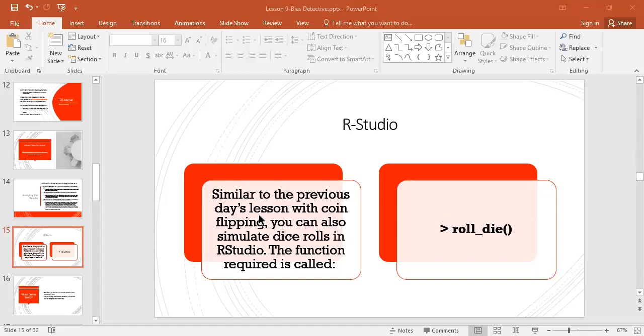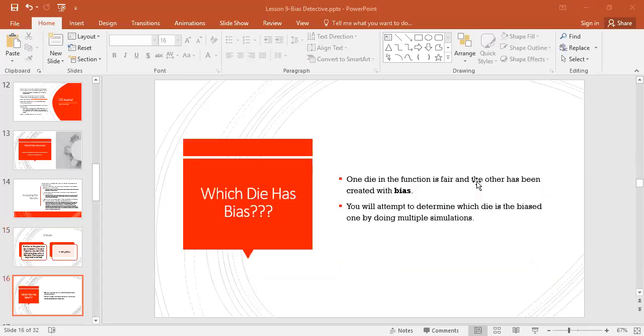All right. With RStudio, the cool thing is that it doesn't only have one die in there. One die in the function is fair, and the other has been created with bias. So there are two dice in RStudio.